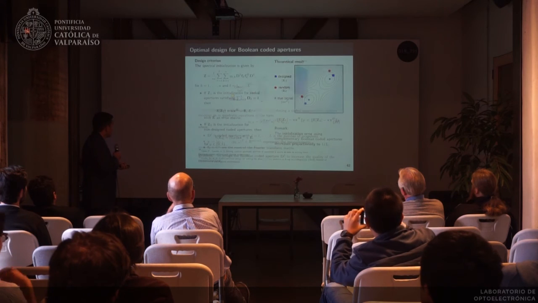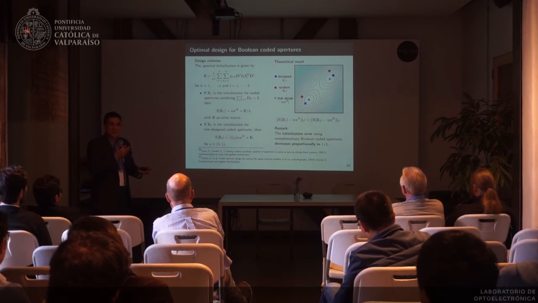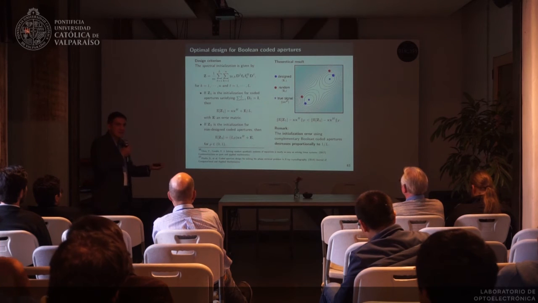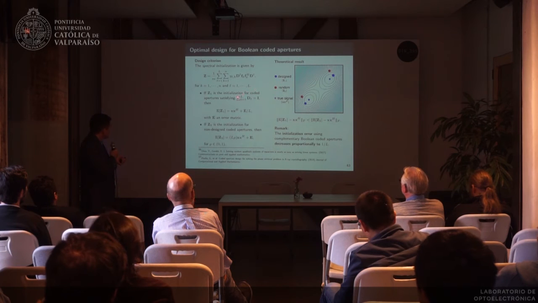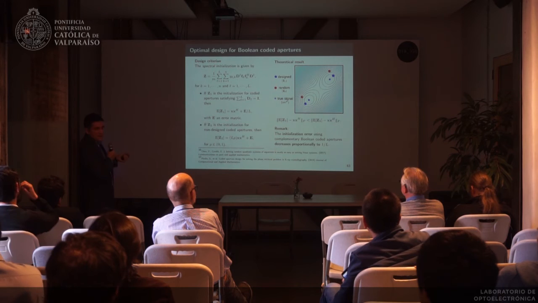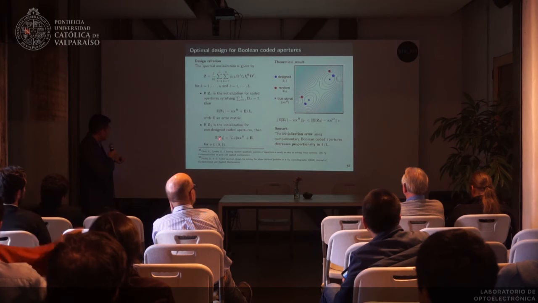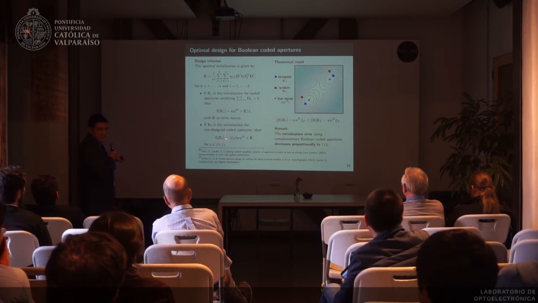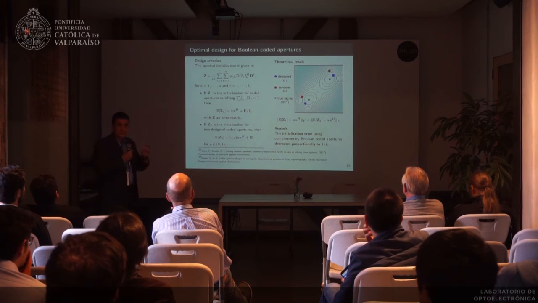What we did is design these coded apertures to be optimal to recover the phase of the signal. What we discovered is that if we impose this constraint on the coded apertures, the expected value of the initialization is going to be this, and this is the expected value of the initialization when you don't use optimal coded apertures.